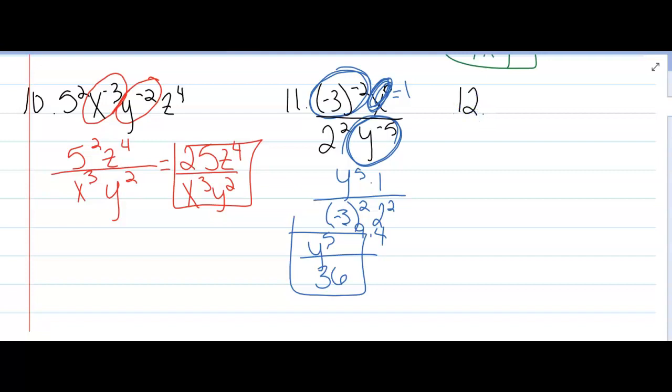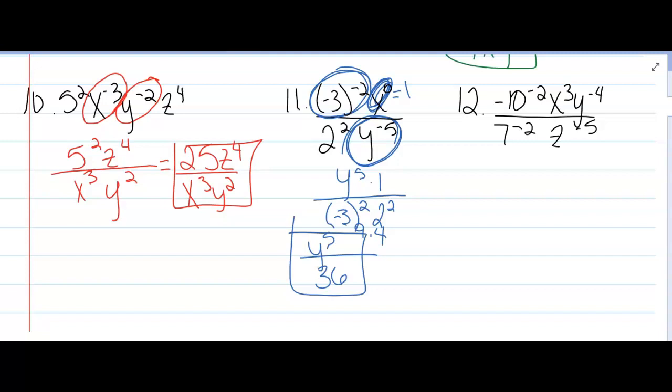Okay, and last one, number 12. Negative 10 to the negative second, x cubed y to the negative fourth, over 7 to the negative second, z to the negative fifth. All right, so we're looking for those negative exponents. Now notice the difference between 11 and 12.